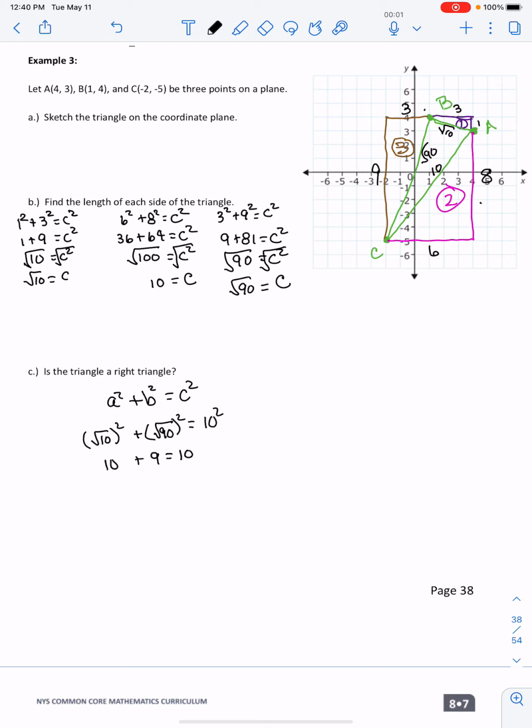And does that equal 100? Not 9, 90. So 100 equals 100. So the answer is yes. It is a right triangle.